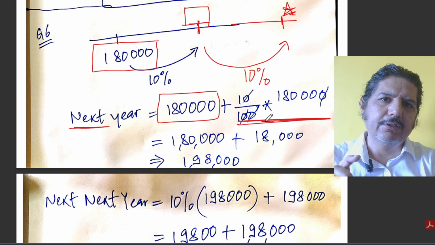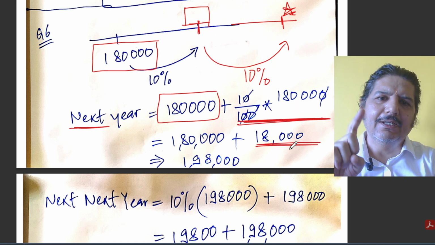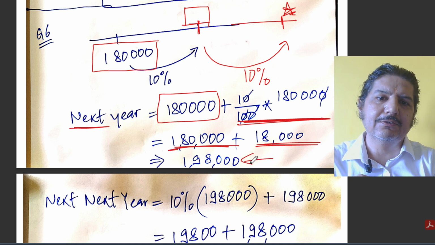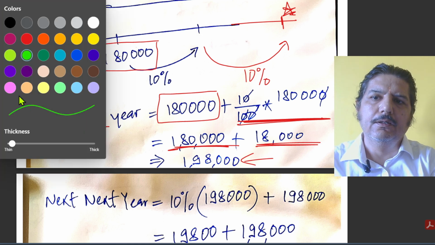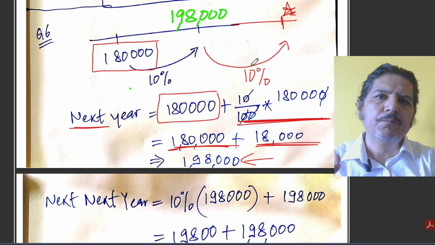So I'll have to calculate the value of 10% of 1,80,000, which is 18,000. Then I add this 18,000 to my population of this year. So that is why after 1 year, the population of the town would be 1,98,000. This is after 1 year.